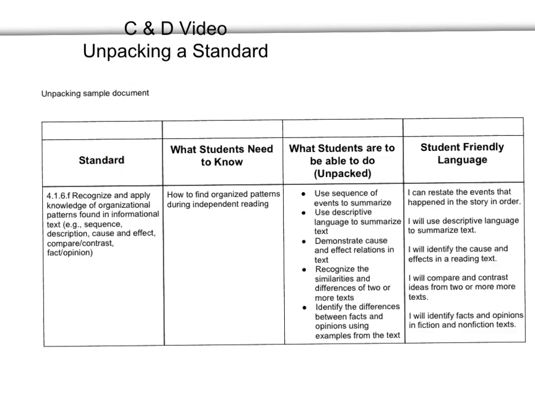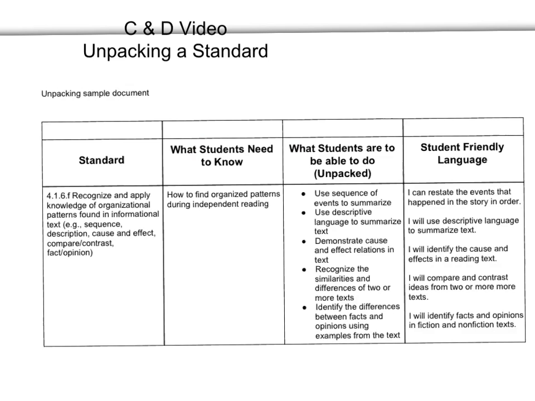So in an effort to make this easier to understand and easier to teach, we need to know what the students need to know, and what we've identified here already for you is how to find organizational patterns during independent reading. And then we go to the next column. We can say what students are to be able to do.